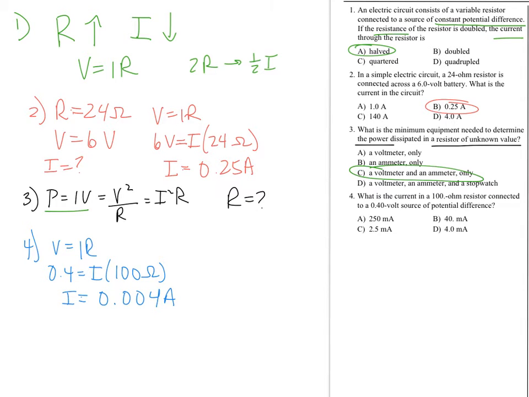But look here. Our units here are milliamps, but the answer we got is in amps. So in order to convert to milliamps, you want to move it over 3 places. 1, 2, 3 this way, and you get 4.0 milliamps. Choice D, everybody.